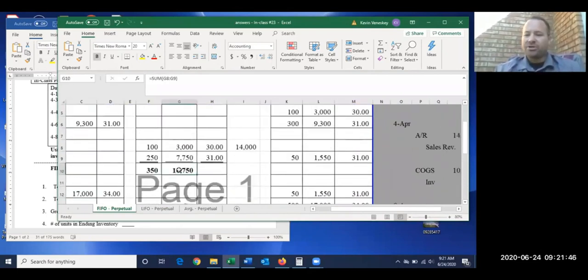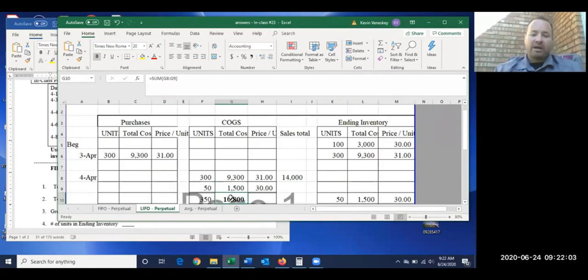So not a huge change, but over time it starts to add up. If you think about sales minus cost of goods sold, the higher your cost of goods sold is for LIFO, that's going to cause your income to come down, because this is like an expense.